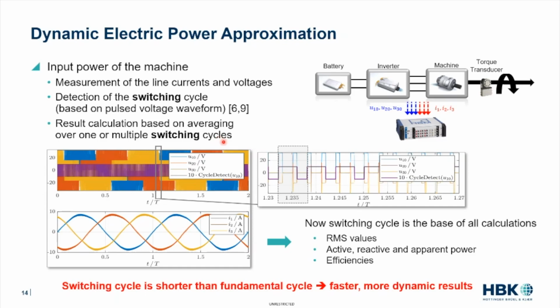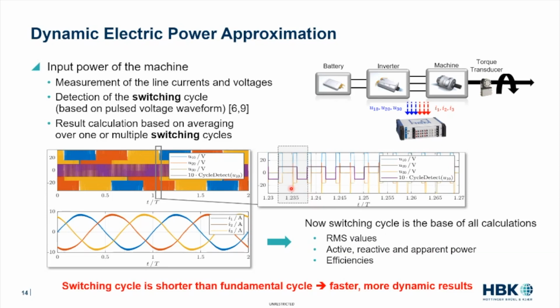With that, we can make the switching cycle the base of all calculations. So we calculate the RMS value and all the active, reactive, and apparent power, and even efficiencies based off the switching cycle.